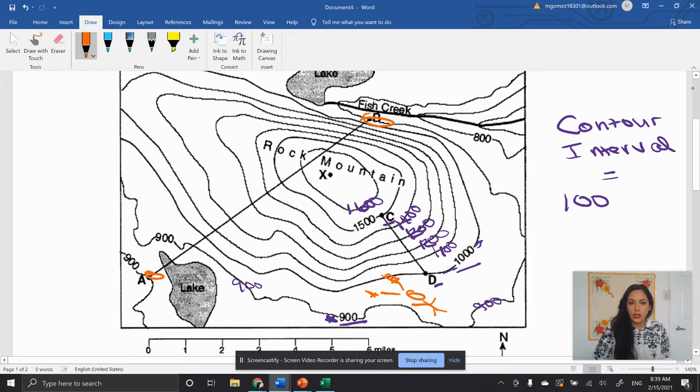Keep in mind, what are your highest elevations? Right here at the very top. Look at how close the lines are over here. So how is that slope going to look compared to this side? That's what you're going to do on the first part of that topographic map. Go ahead and pause the video, do what you need to copy down, and try to answer those questions afterwards.